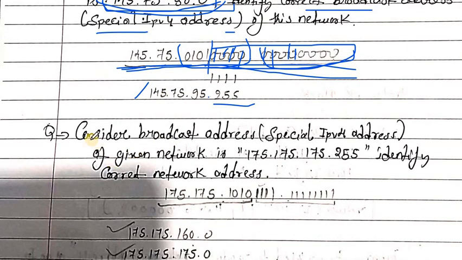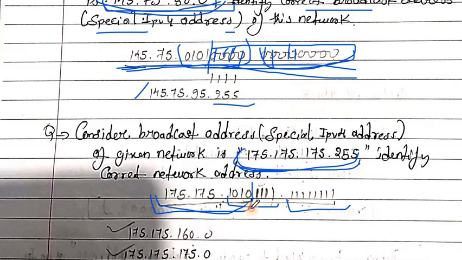Now a similar thing here. Consider that the broadcast address is a special IP address of a given network. Here we are given the broadcast address and want to find the network address. After creating the binary string of the broadcast address, we get this binary string.